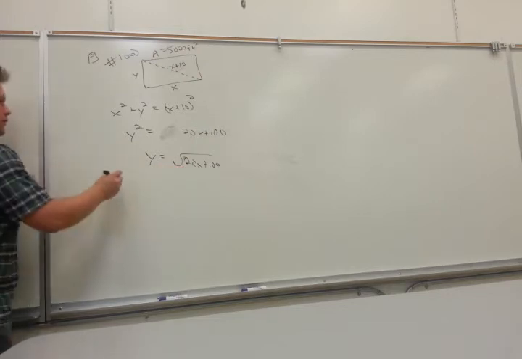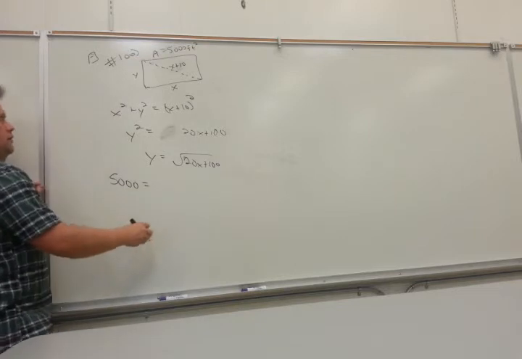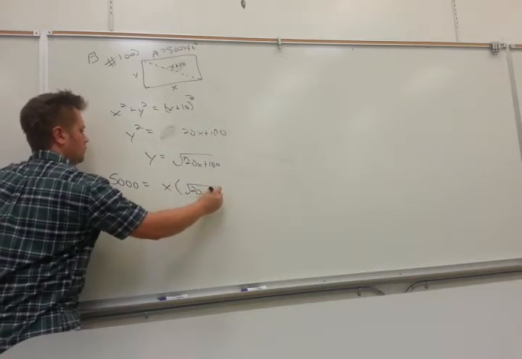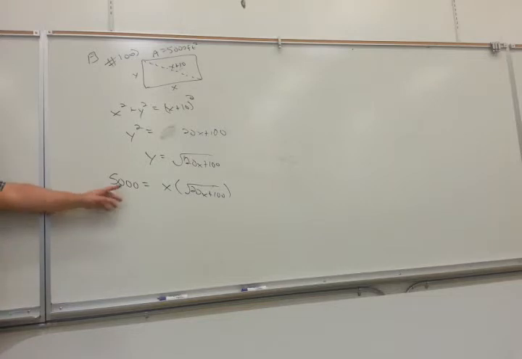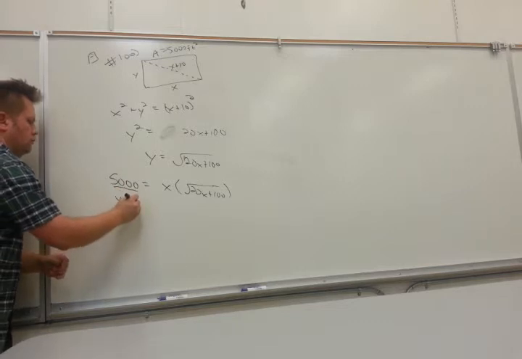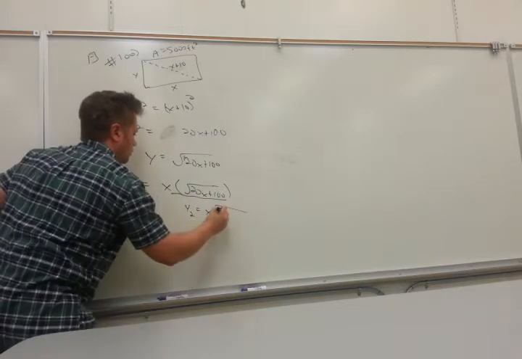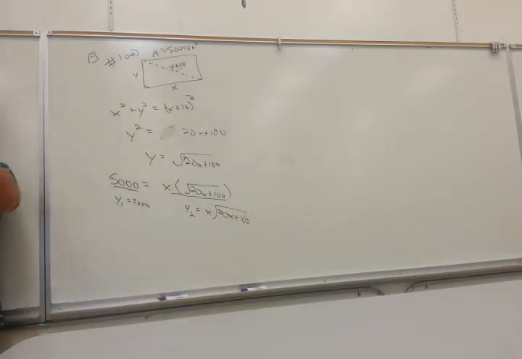So what's the area? Area is 5,000 square feet, and that equals what equation? x times this thing. So now you just got to use a calculator. The way to do this, I don't know if you guys remember, any equation that you have, you can set one side y1 and the other side y2, and then see where they meet.